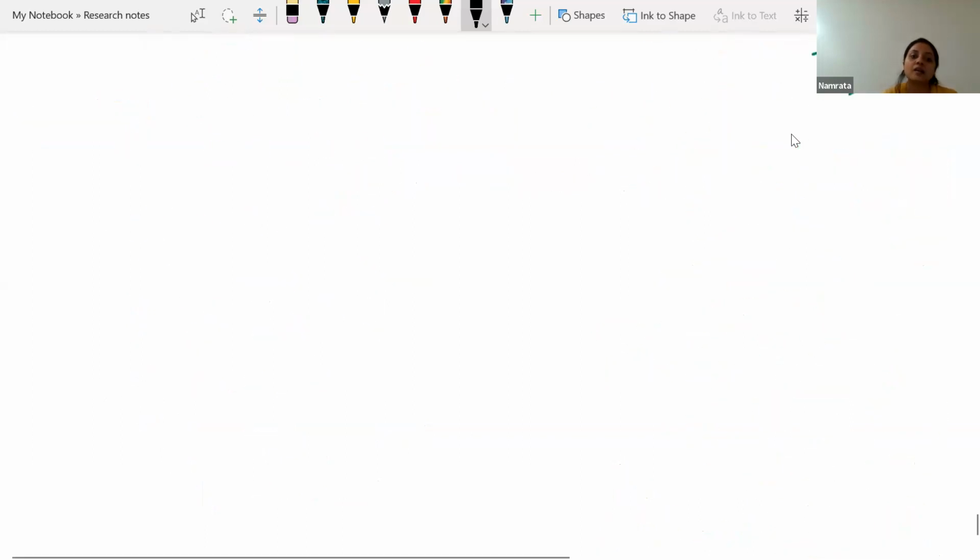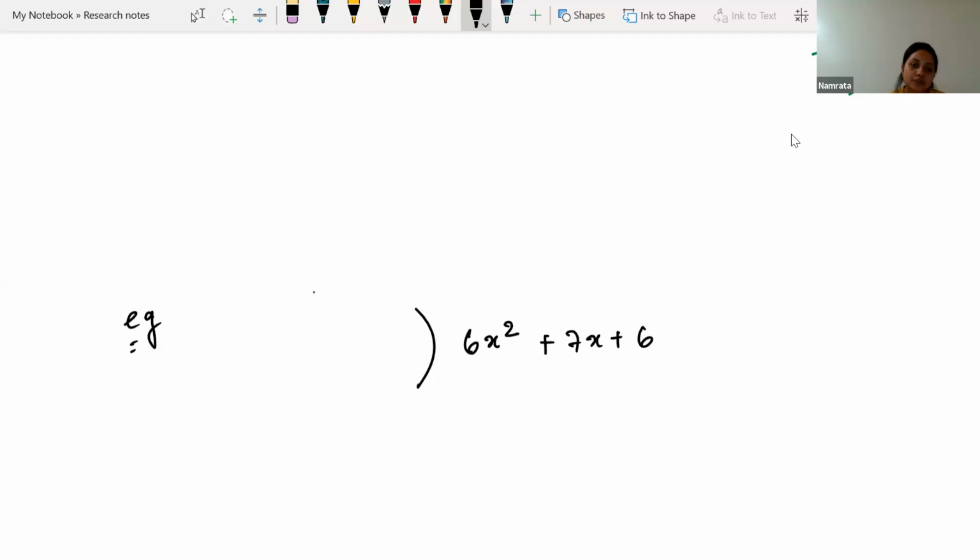The remainder theorem says that when we divide a polynomial, for example, let me take a polynomial, let's say 6x square plus 7x plus 6, and we have to divide it by 2x plus 1, then we can use the long division method.